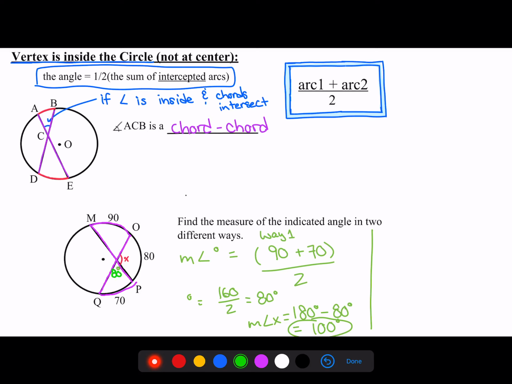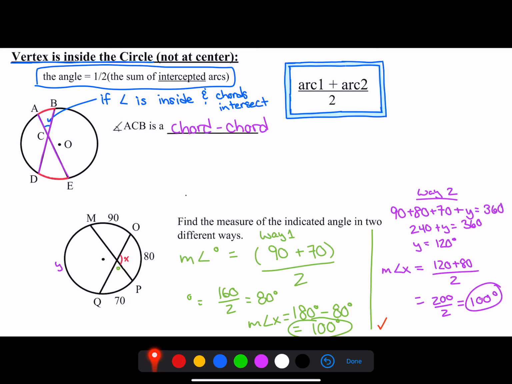If the green angle is 80 and it's forming a straight line, the measure of angle X is equal to 180, our straight line angle measurement, minus 80 degrees, giving us the measure of angle X equal to 100. All right, let's try and solve this another way. If you can think of another way, go ahead and try it out.